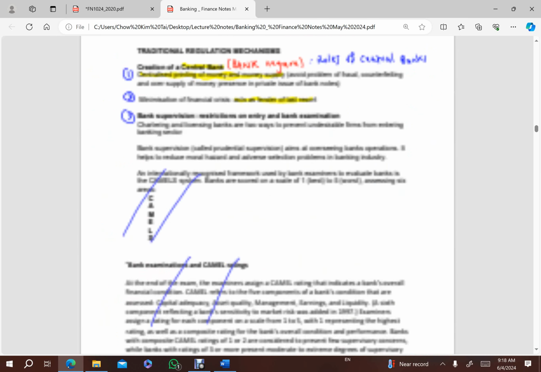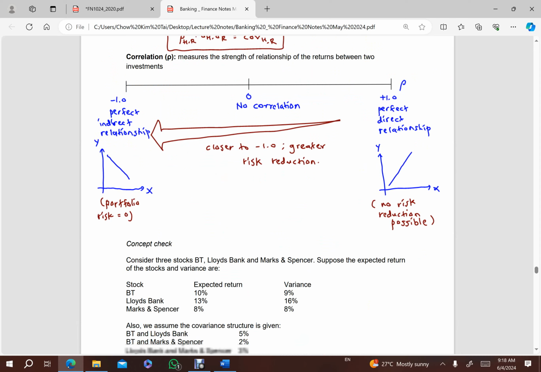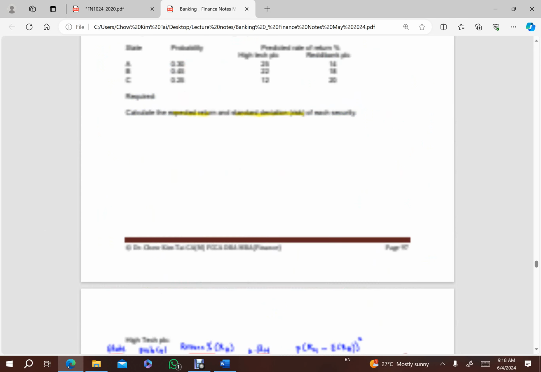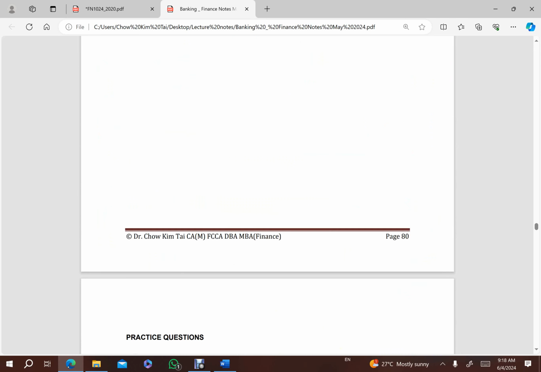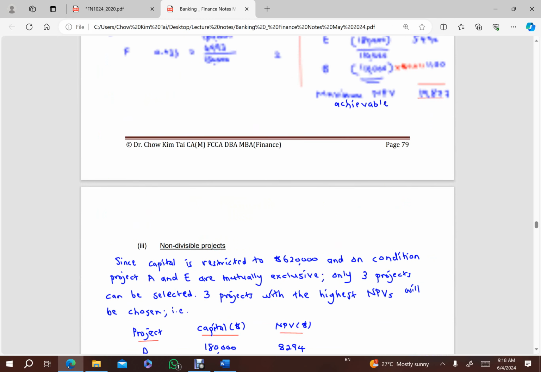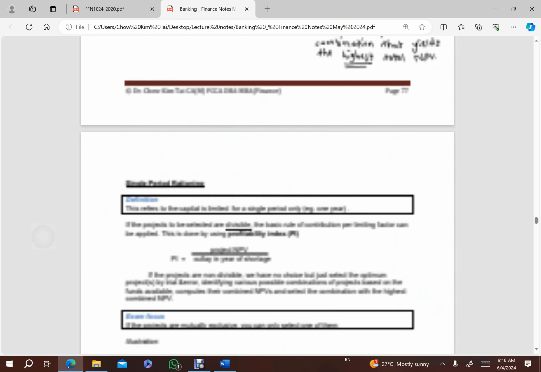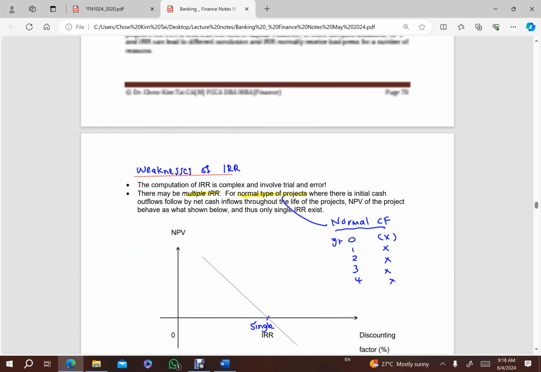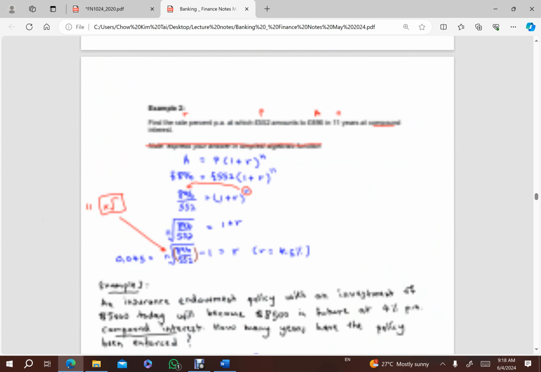So it's this one. Operational risk and market risk.